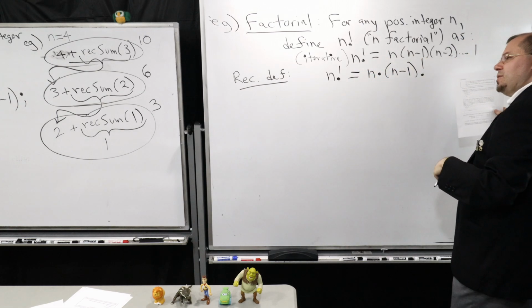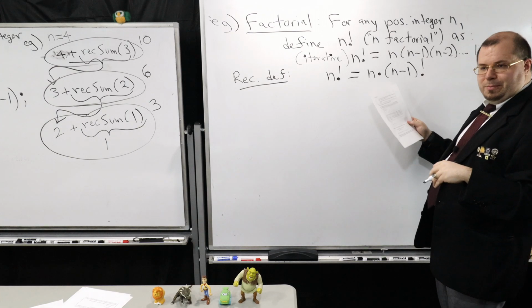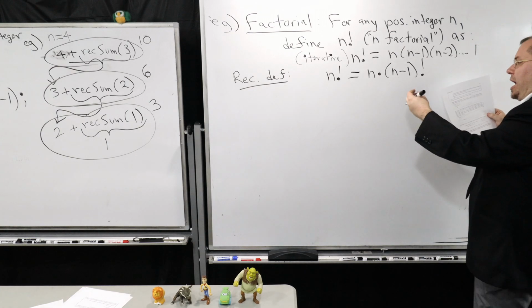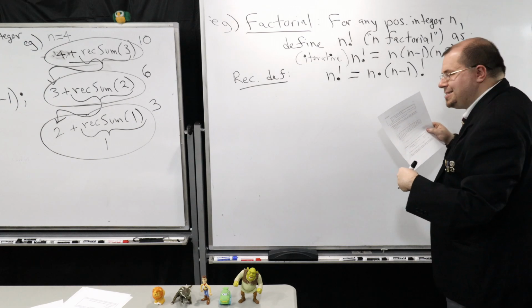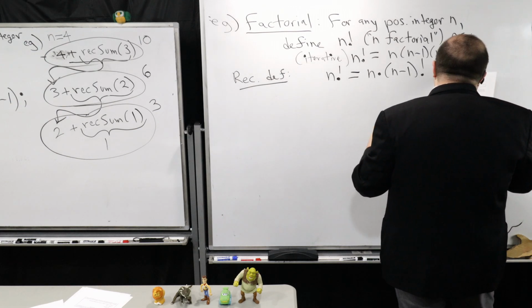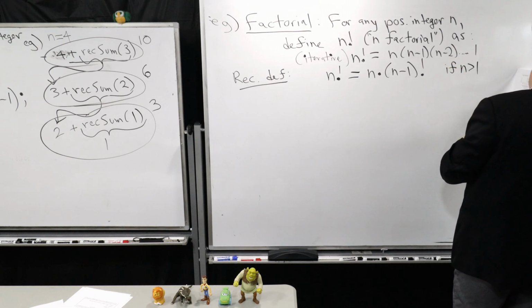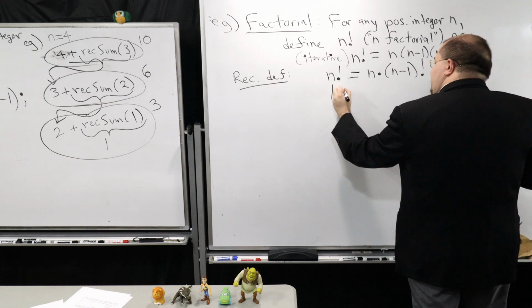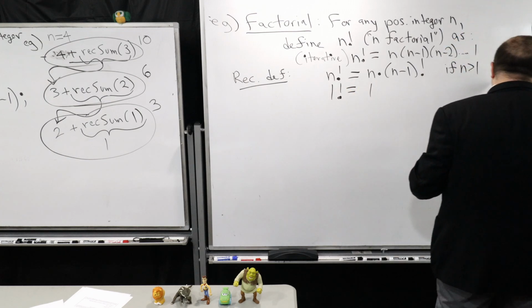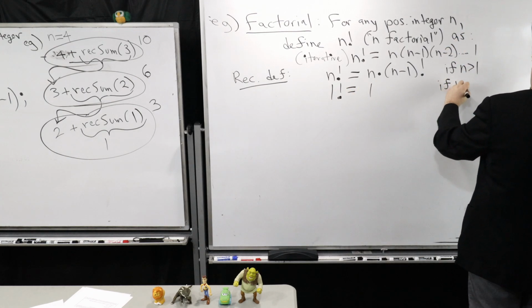For those familiar with factorial, you may be used to the idea that you could unroll the factorial like this. So this happens if n is greater than 1. And you can always define 1 factorial to just be equal to 1, if n is equal to 1.